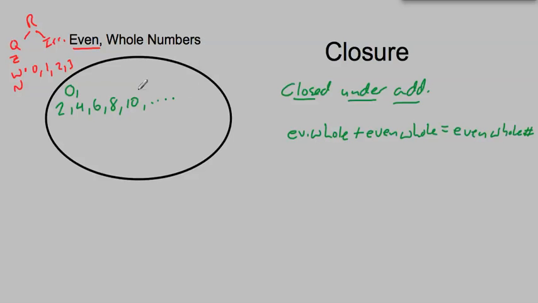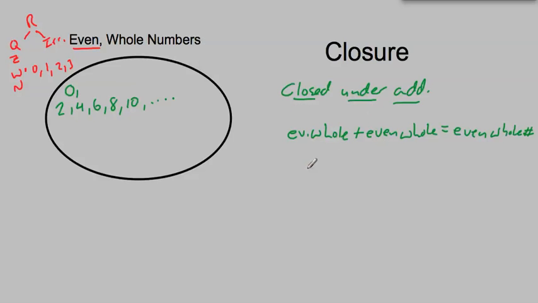Let's try it out. 4 plus 6 is 10. That worked. 2 plus 6 is 8. 8 plus 10 is 18. 0 plus 4 is 4. So anytime I add any two numbers from this set, I stay inside the boundaries of this set. We could say that this set, even whole numbers, is closed under addition.